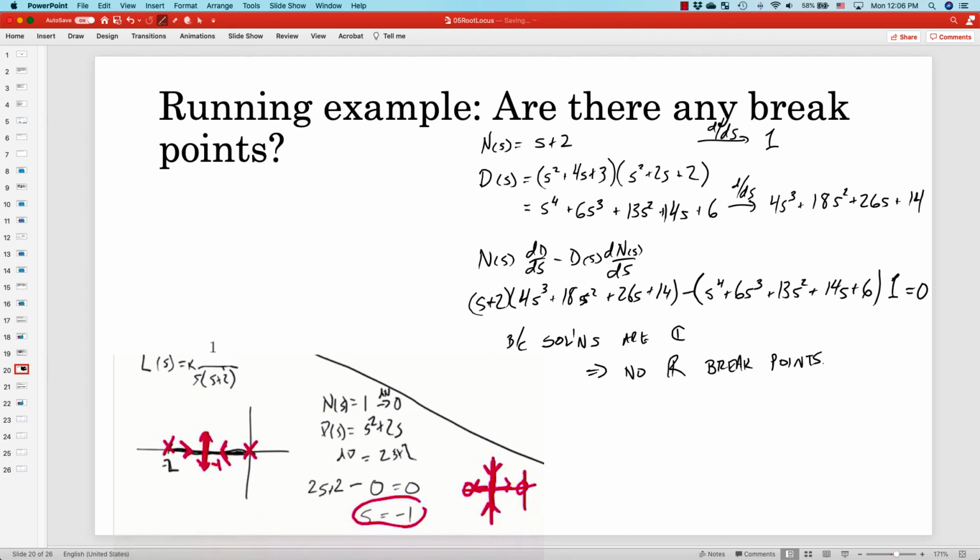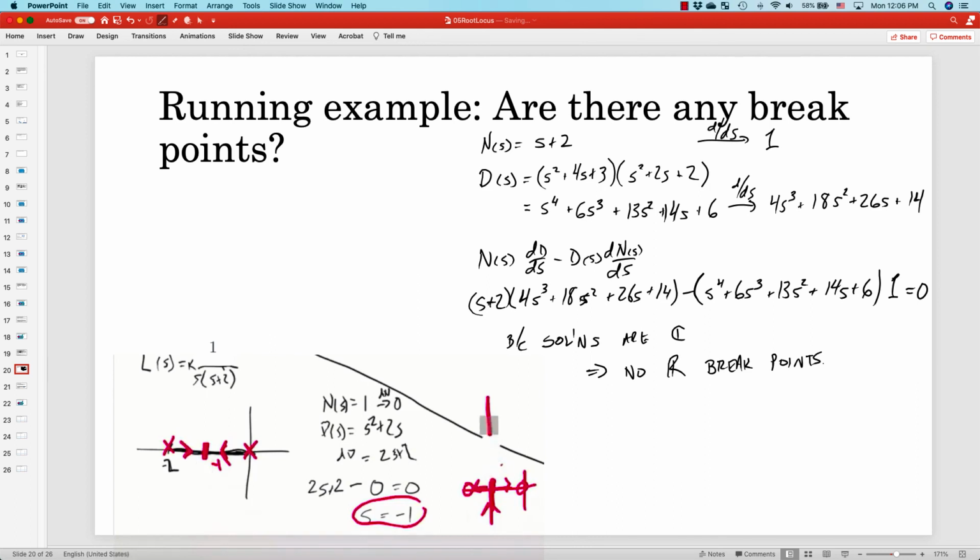Can we just assume that they travel directly on that line? What's missing from this is the asymptote analysis. In fact, when you have a second order system like this or like this, they'll always travel directly north-south. But in truth, what we're finding here with this breakpoint is just, again, the behavior very close to the axis.